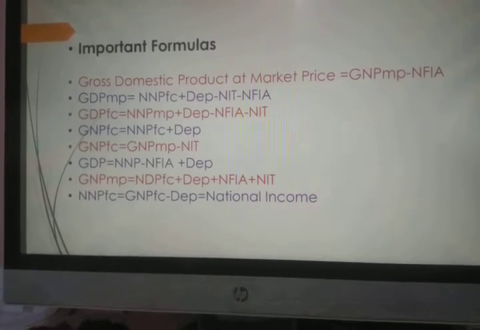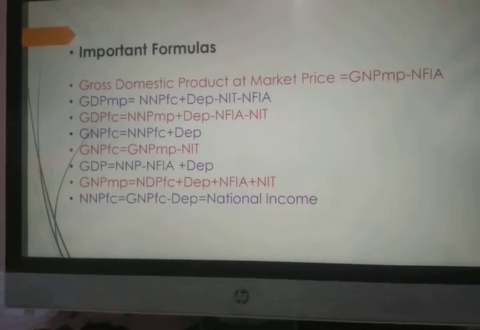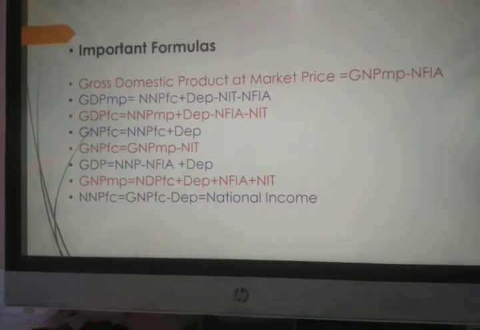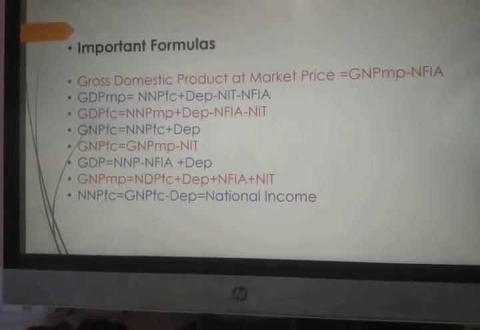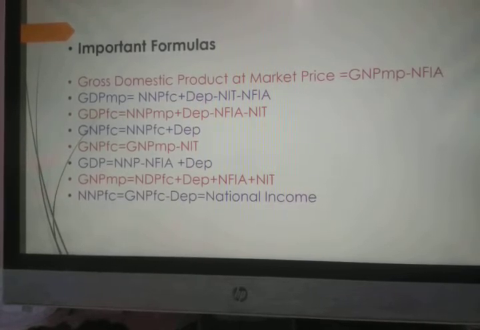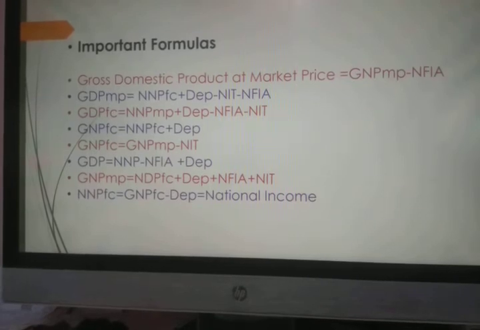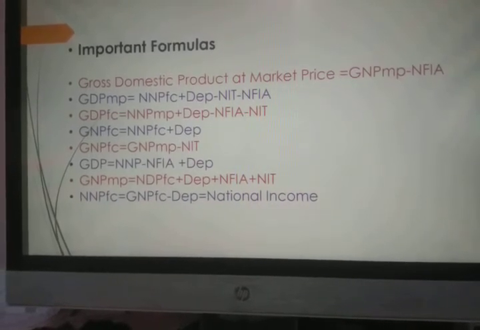And last but not the least, that is MP and FC. So you are going to reach MP and you are going to start from FC. So from FC, you are going to deduct NIT to arrive at MP.